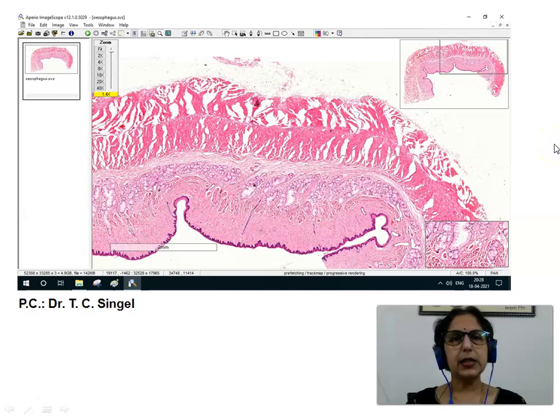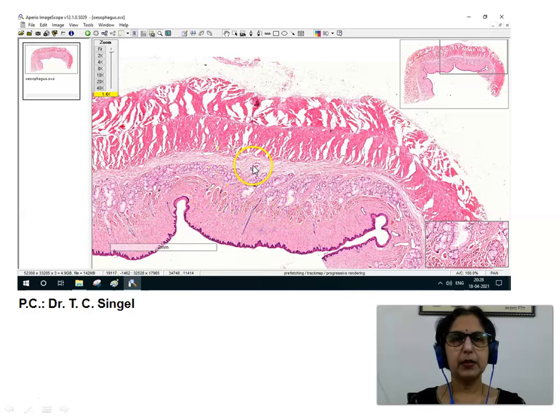This here is an Aperio ImageScope picture of the histology of esophagus. This here is the luminal surface. What we see here is the lining epithelium. Next we see lamina propria, and then we see the muscularis mucosae.